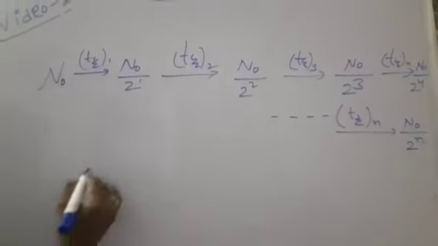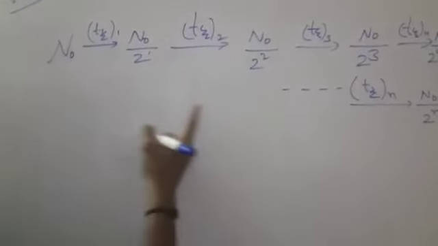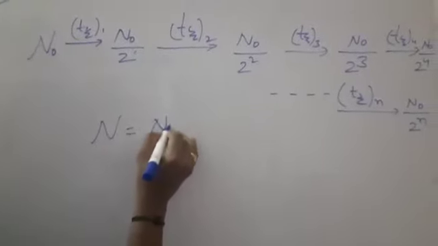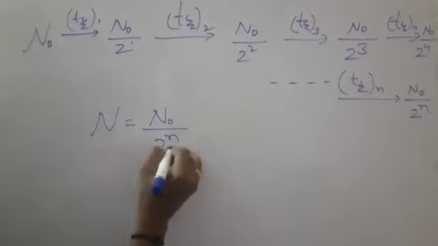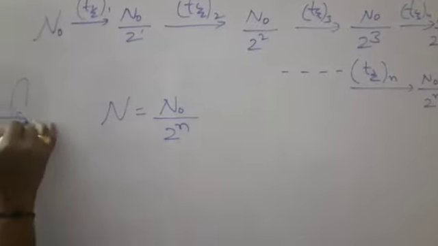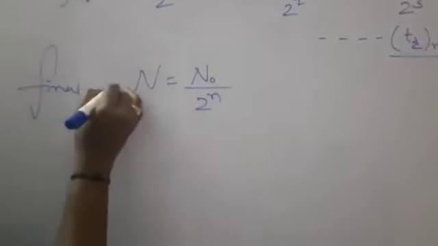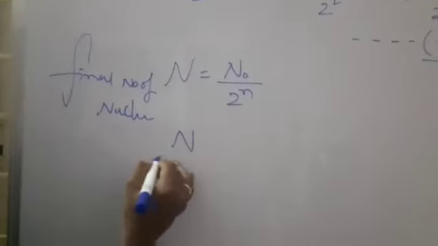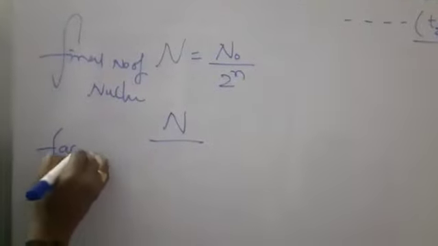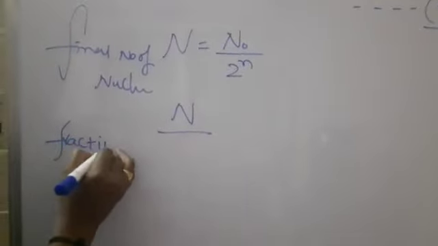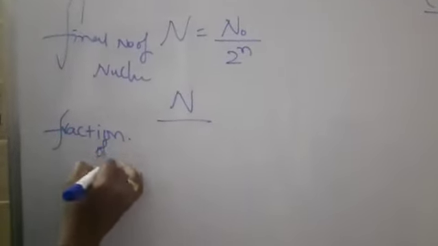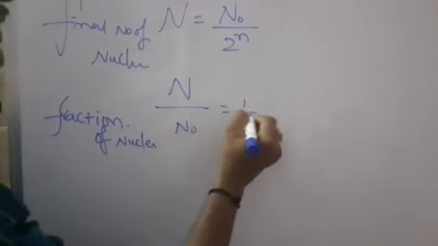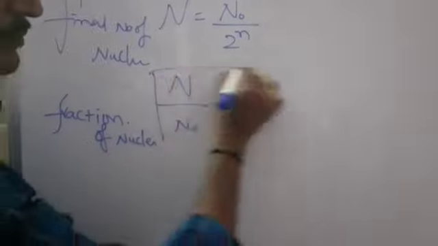Therefore the final number of nuclei is N equal to N naught by 2 to the power of n. The fraction of nuclei formula is N by N naught equal to 1 by 2 to the power of n.